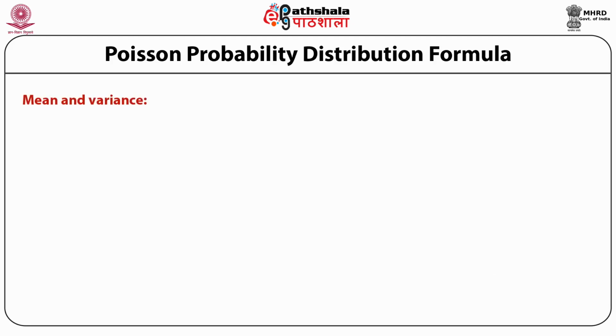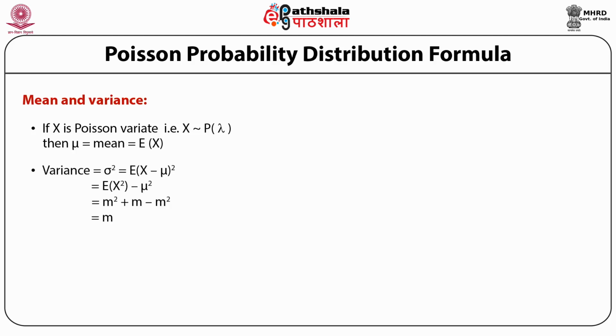Mean and variance. If X is a Poisson variate, that is X follows the Poisson distribution with parameter lambda, then mu, the mean, is equal to the expectation of X, and variance, sigma square, which is already discussed, is equal to the expectation of (X minus mu) whole square.